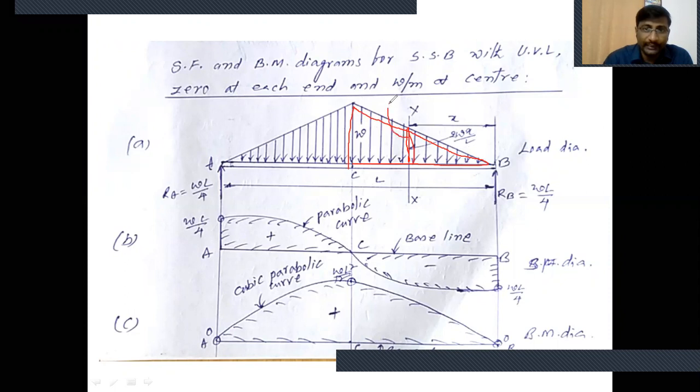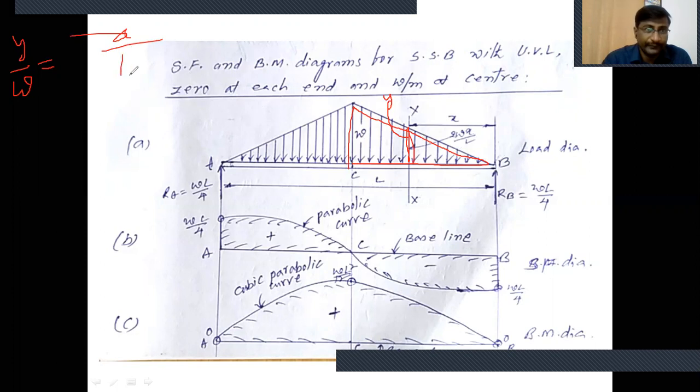Let the height of the smaller triangle be y, and the height of the bigger triangle is w. y by w is equal to the length of the smaller triangle, x, divided by the length of the bigger triangle up to point C. What is the length of the bigger triangle?